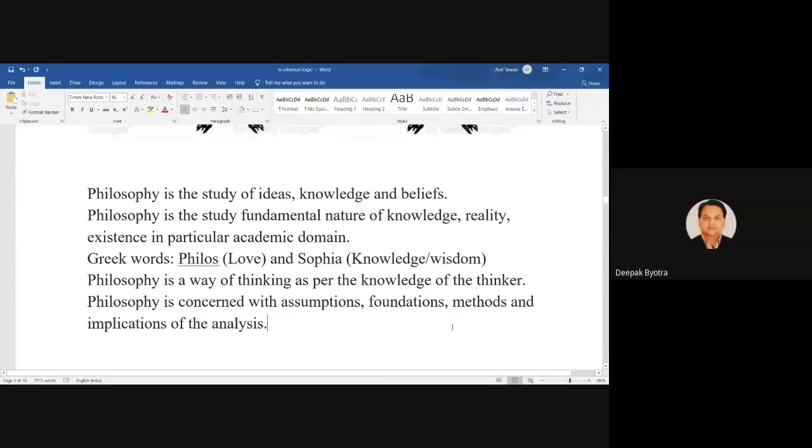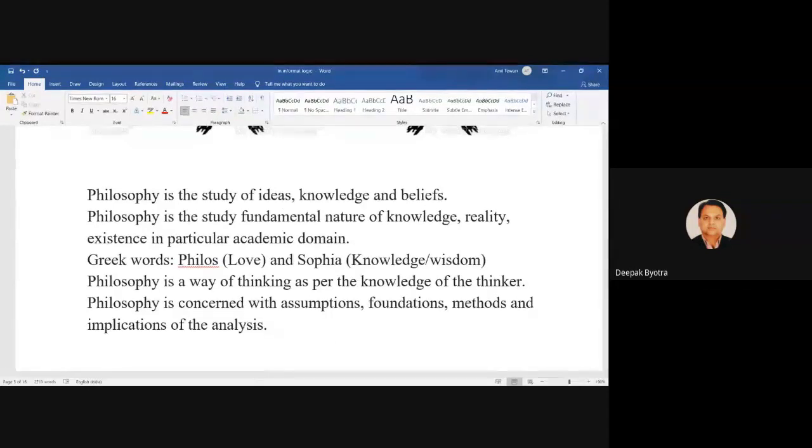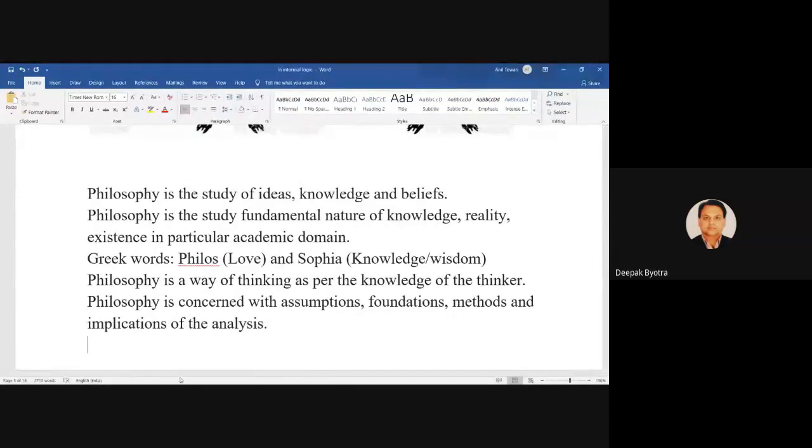Sir, I think philosophy is basically the study of fundamental problems connected with existence, knowledge, value, reason, mind, language.